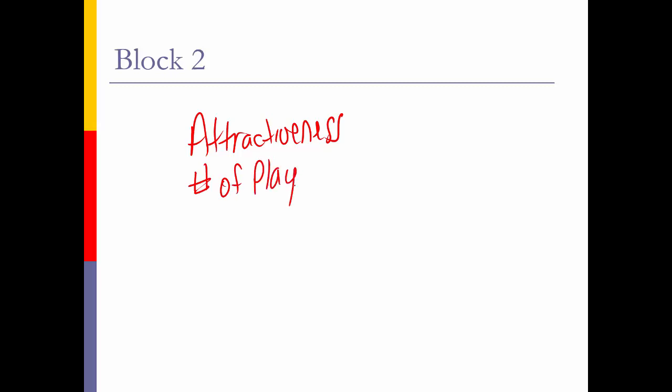Block 2, we said we've got attractiveness and number of plays. So we could use a different method with block 2. Let's say we looked at some correlation and they're about equally correlated.